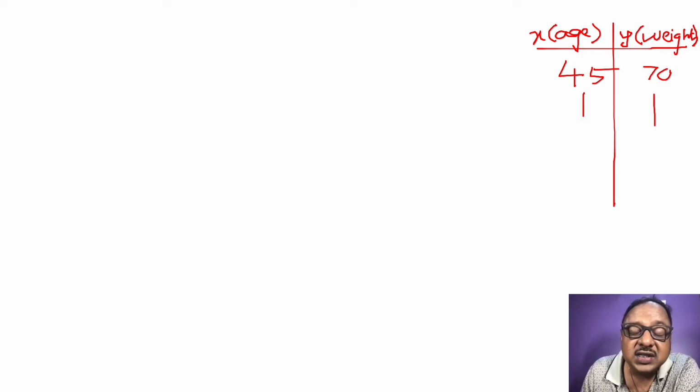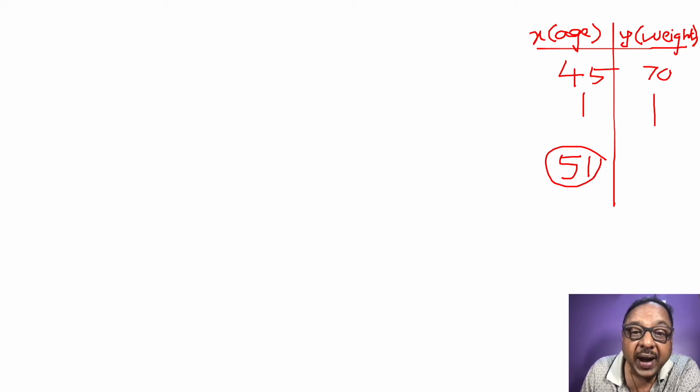Based on these observations that I have got, I want to be able to predict, supposing the age is 51, what is the likely weight this person is going to have. I want to be able to estimate that. So this is my problem. We have two variables here, x and y, and based on the value of x, I want to predict the value of y.